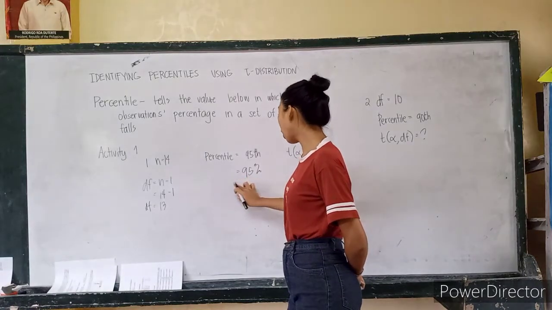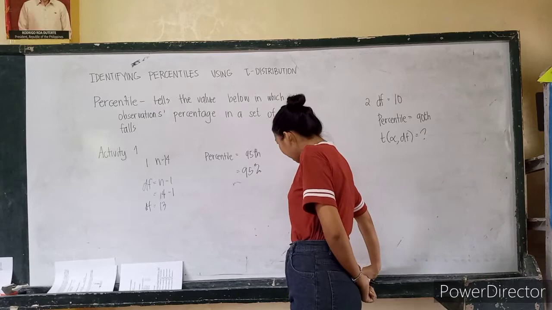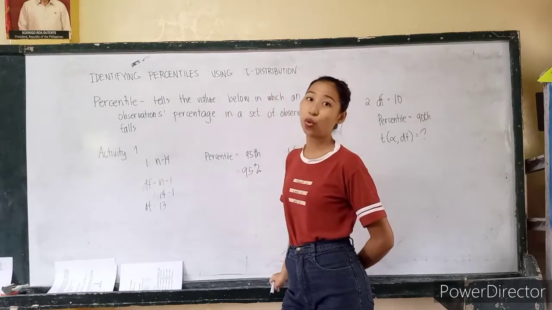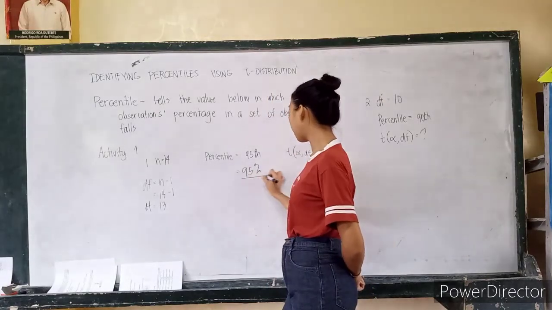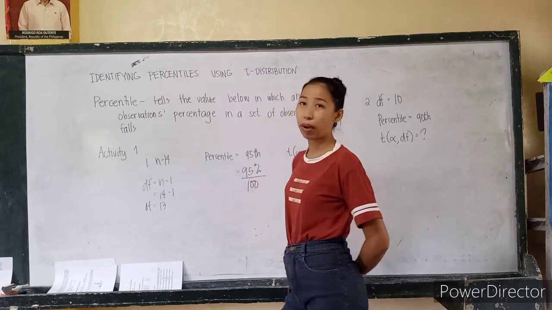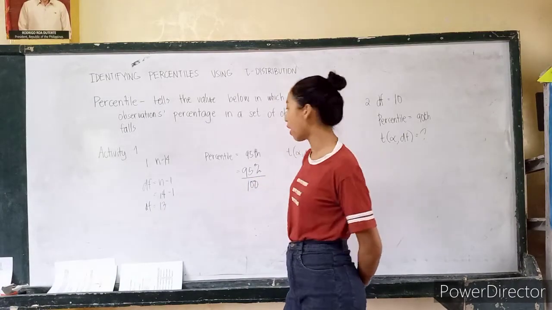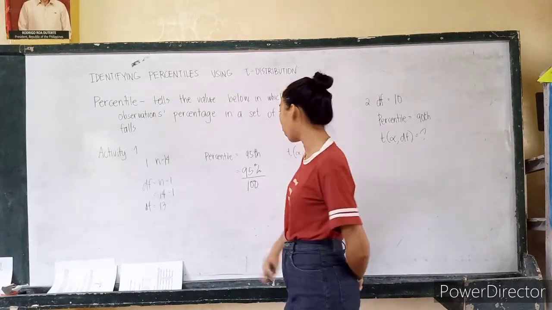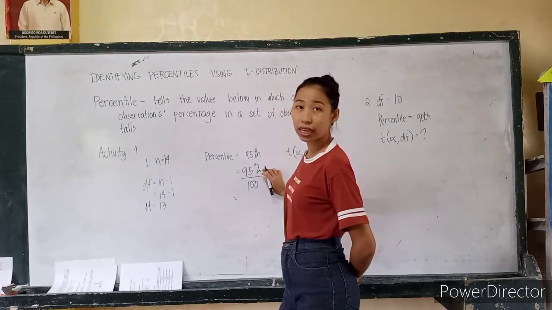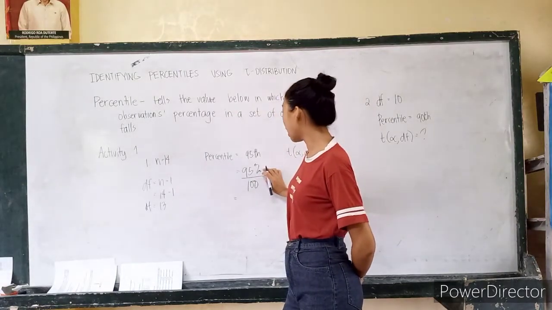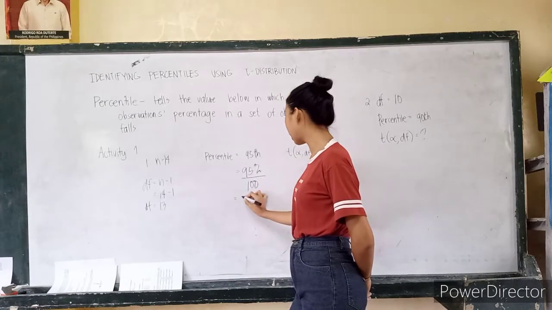So how do we convert 95% into a decimal? Simply divide it by 100. 95% over 100, the percent sign is removed, and you are going to obtain 0.95.